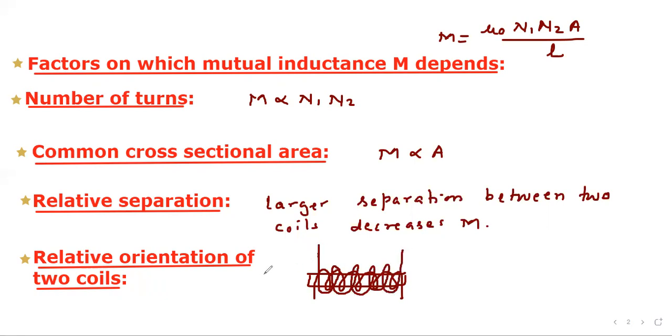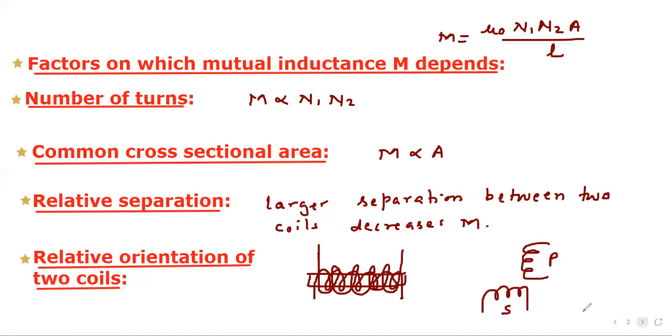So in this case, value of M will be larger. See another situation when value of M will be smaller. Suppose one coil is like this. Suppose this is primary and another coil is like this. Suppose this is secondary. So here value of M will be very small.